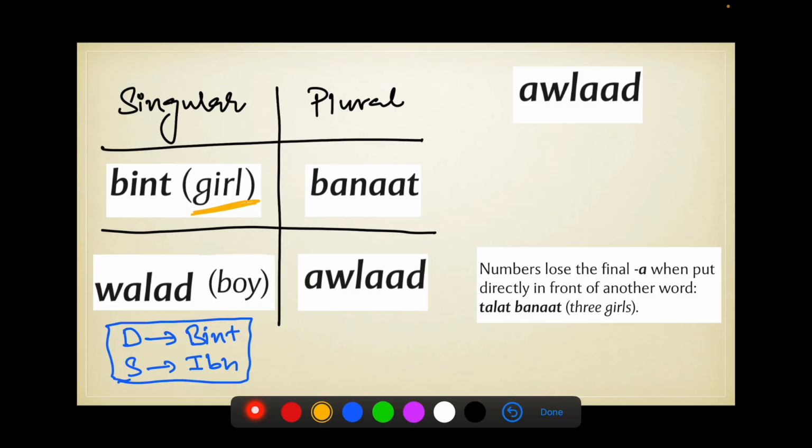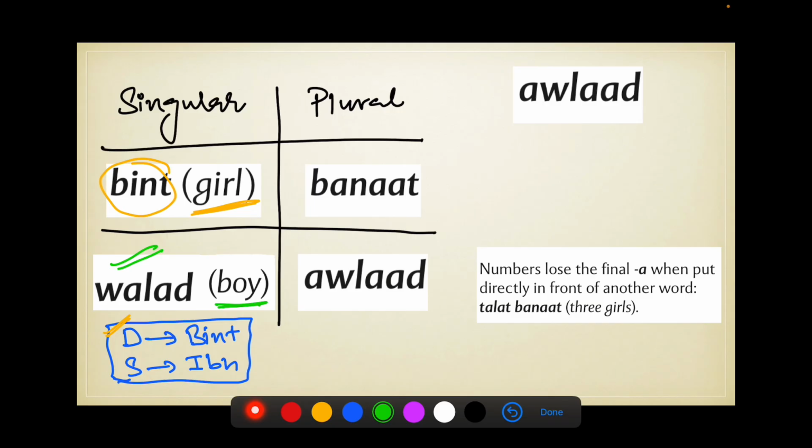Girl and daughter both have the same word, that is bint. But for a boy, you will have to use walad. So, for girl and daughter, we use the same word, that is bint. And for son, we use ibn.